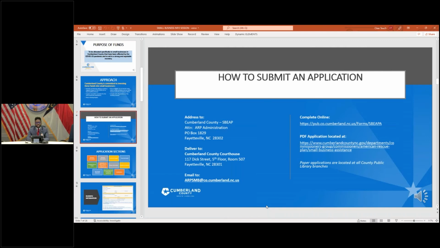That's made up of individuals all the way from our procurement and finance to individuals who deal with these types of programs across the county. And so there is a vast discipline across the county that will be looking into these applications, and also the rubric.